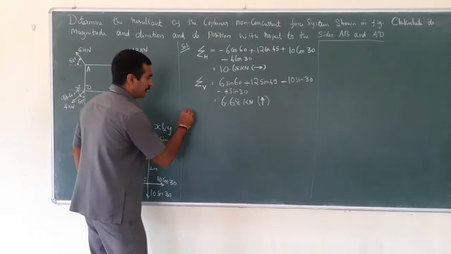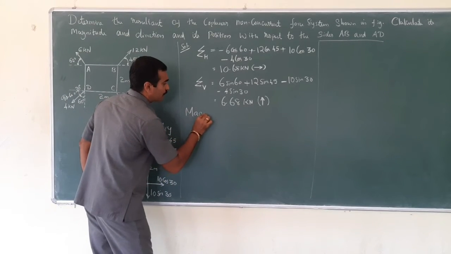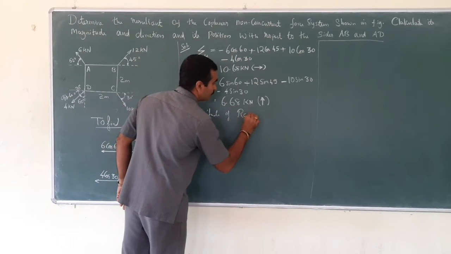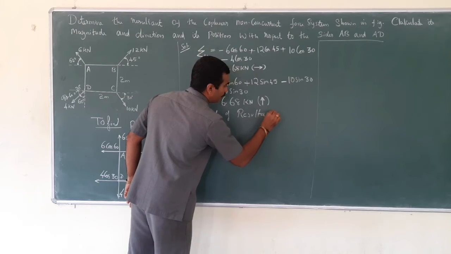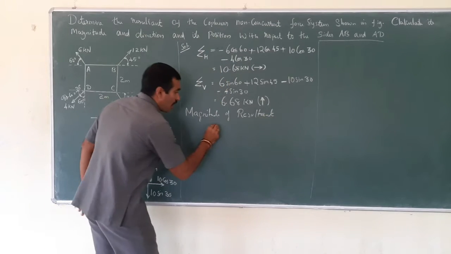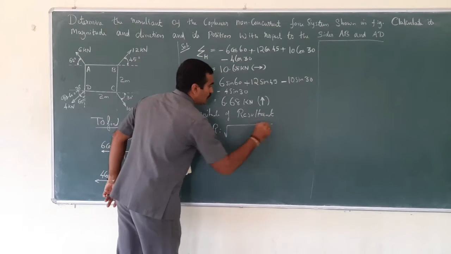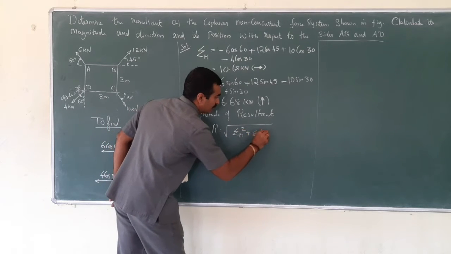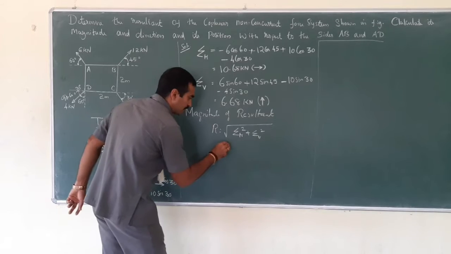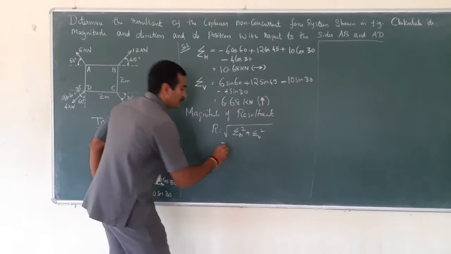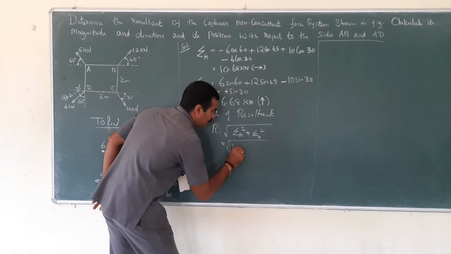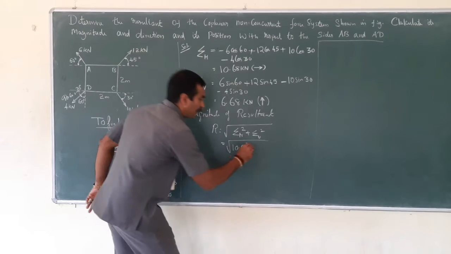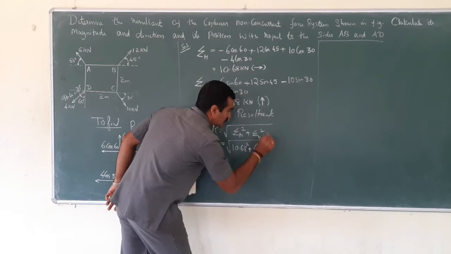Now I am going to calculate the magnitude of the resultant. What is the formula for the magnitude of the resultant? R is equal to the root of summation H square plus summation V square, which is equal to the root of 10.68 square plus 6.68 square.